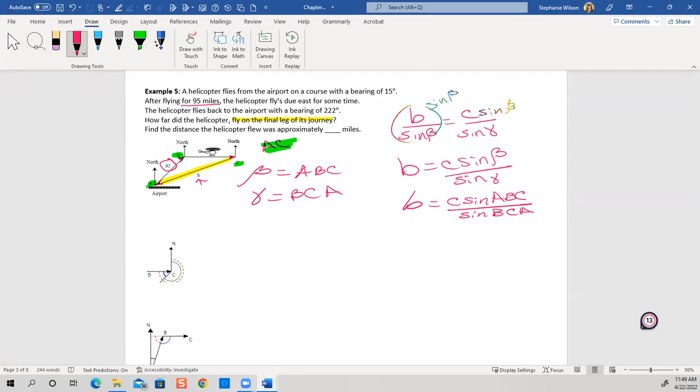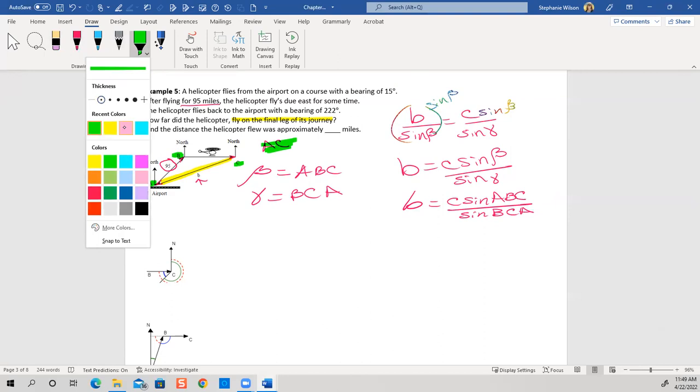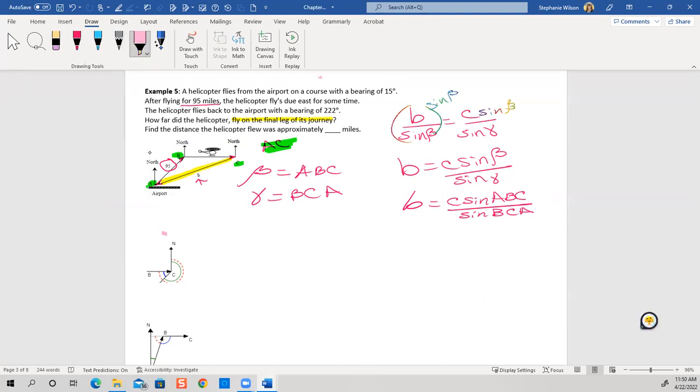Now, when we find the measure of BCA on this picture that I've drawn for you, let's use the purple. On this picture, this here in the blue is going to be the angle BCA.